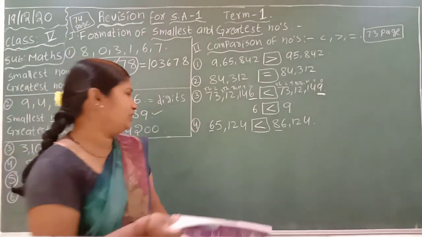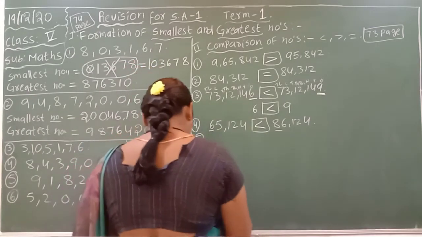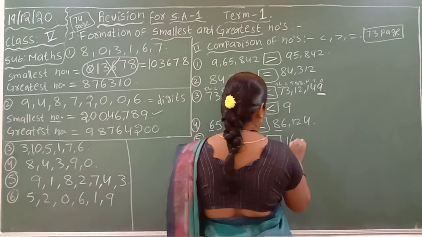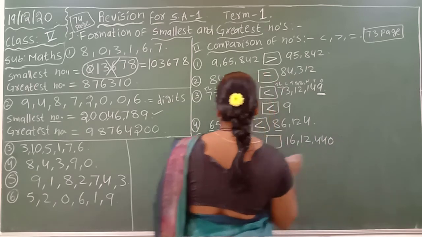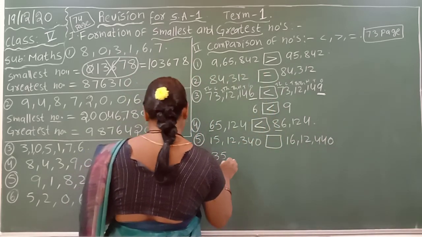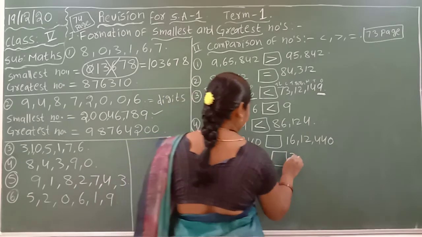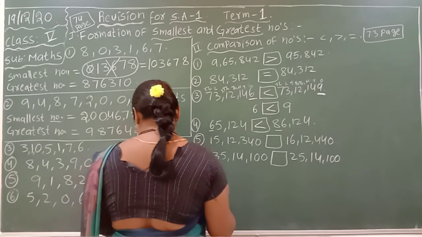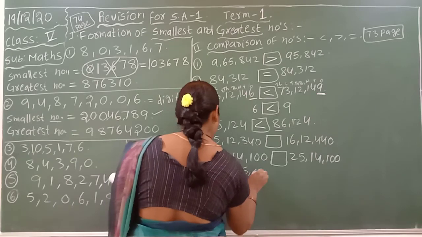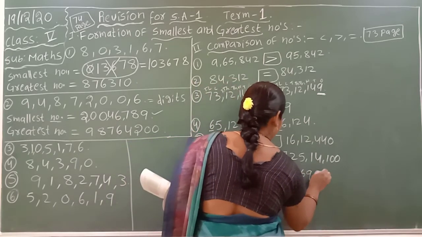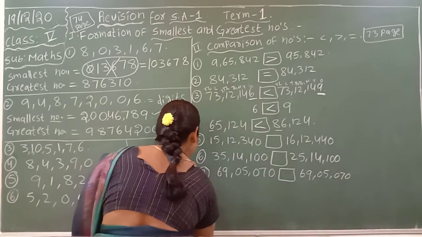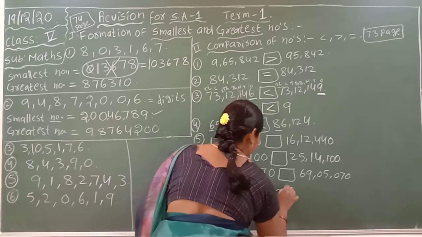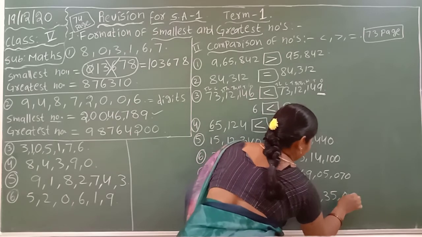Same like this, I am giving some more questions; you have to observe and keep the symbols. Fifth one: 1,51,2340 and 16,12,440. Next: 35,14,100 and 25,14,100. Next: 69,50,70 and 69,50,70. And the 8th one: 17,35,000 and 12,35,000.